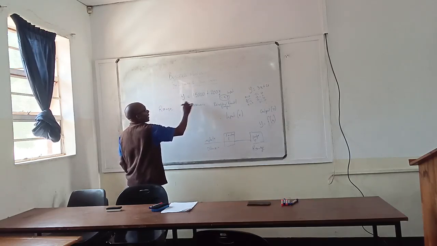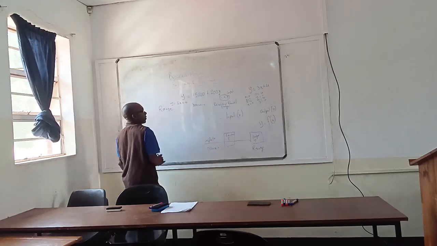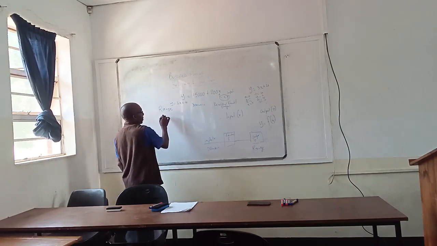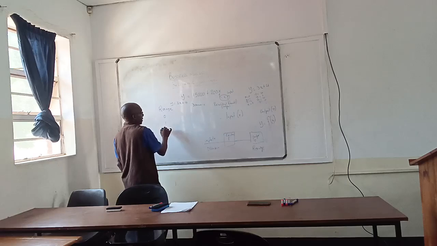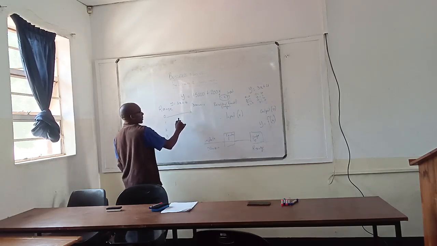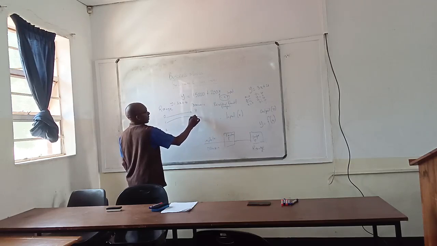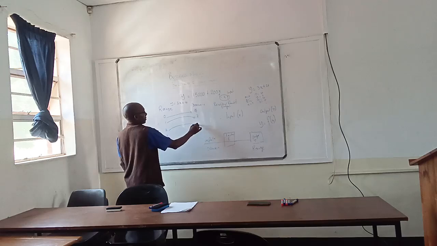The function is y is equal to 3x plus 4. If this one is 0, 1, 2, 3, you are substituting, right? So 0 gives 4, then 7, then 10, then 13.